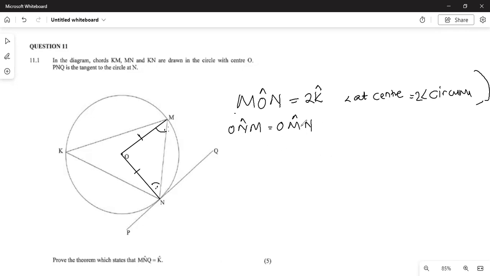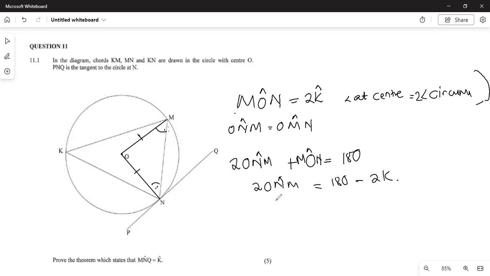Now to calculate their values with regards to K, if we say ONM plus OMN plus angle O should give us 180, that will say 2 ONM is 180 minus our angle, which is just going to be 2K.